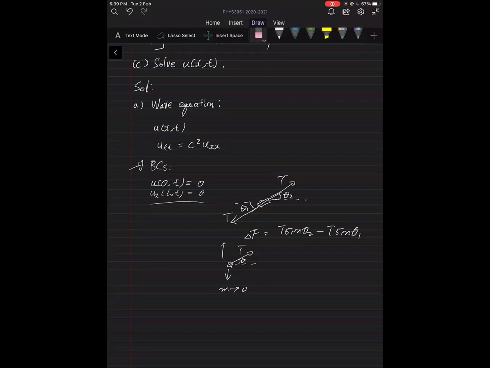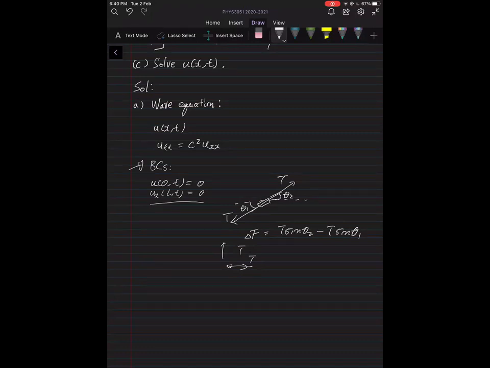So that's why, if there is no external force, then at the endpoint the string has to be horizontal, and the tension will be pointing to the right.